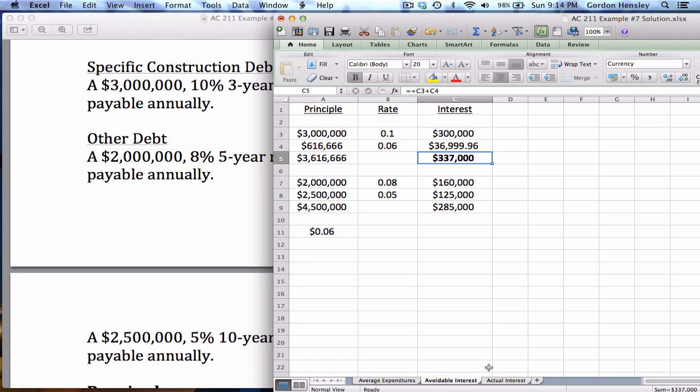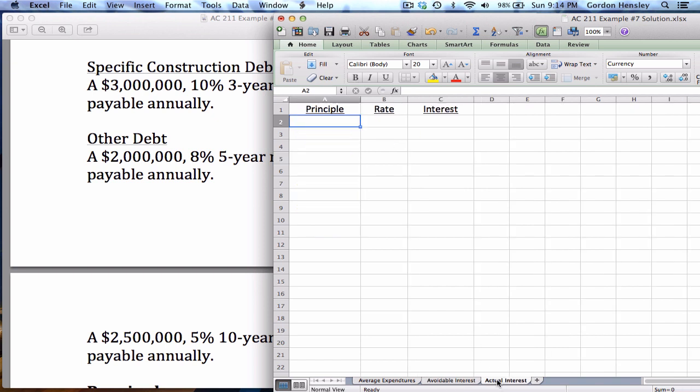Now once I've calculated the avoidable interest, I'm now ready to calculate the actual interest. That calculation is actually a lot easier. I will simply take the three debts that I have. The first principal was $3 million. The next principal was $2 million. And the next was $2.5 million. And the three rates involved were 10%, 8%, and 5%.